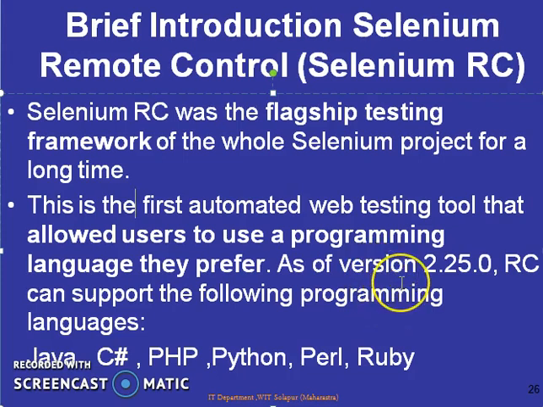As of version 2.25.0, Selenium RC can support the following programming languages: Java, C#, PHP, Python, Perl, Ruby. All these are languages supported by Selenium Remote Control.